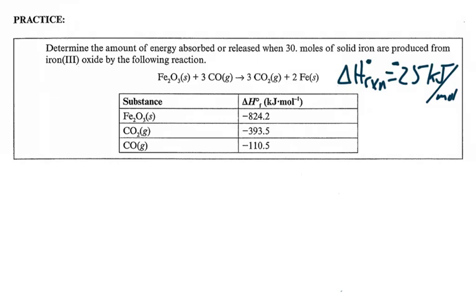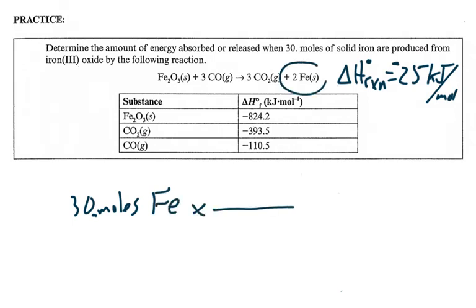According to this equation, we have 30 moles of iron, and it's 2 significant digits. Let me put a little dot there. So it's 30 moles of Fe. According to the equation, and you want to set this up so units cancel, for every 2 moles of Fe, we just calculated that you released negative 25 kilojoules of energy.